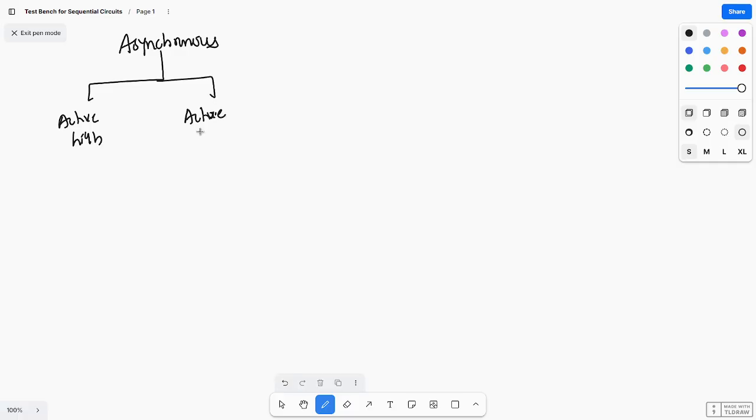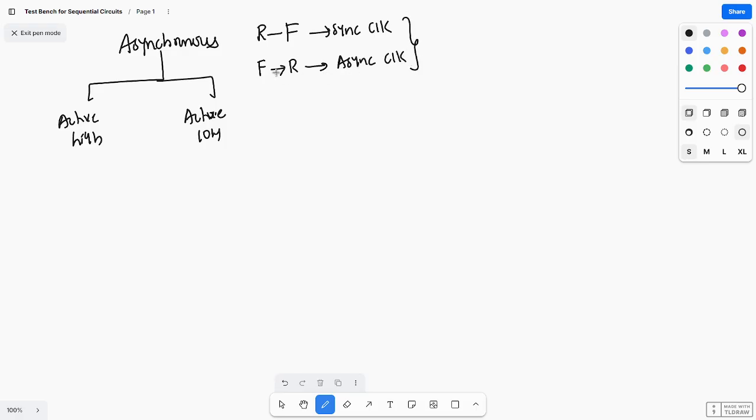In asynchronous reset, when it goes from reset mode to functional mode, this is synchronous with the clock. When it goes from functional mode to reset mode, this is independent of the clock, asynchronous with the clock.